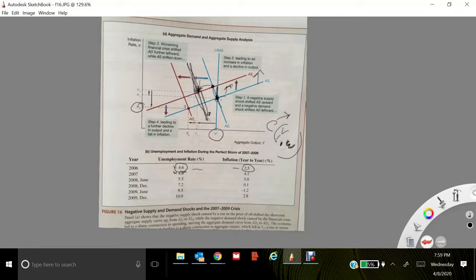And then, eventually, a further shift in the demand curve, until finally this lower level of output. Potential output here didn't fall, so there's a lot of slack in the economy.